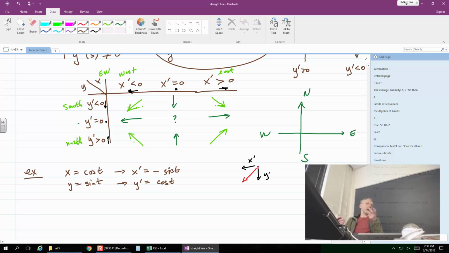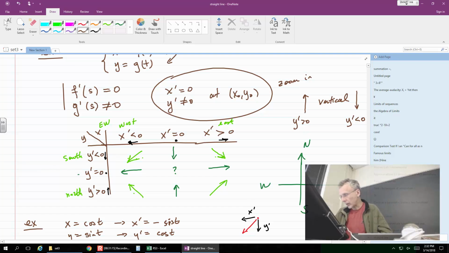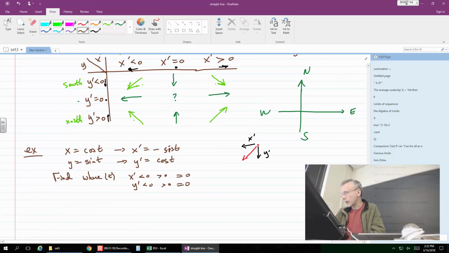We know everything there is to know about cosine, so it's uncomplicated, but still it is worthwhile to write up the conclusions. Once again, the method is: find for what values of t x prime is positive, negative, 0, and y prime negative, positive, 0. Then combine them together according to this table to find out the direction of your curve.